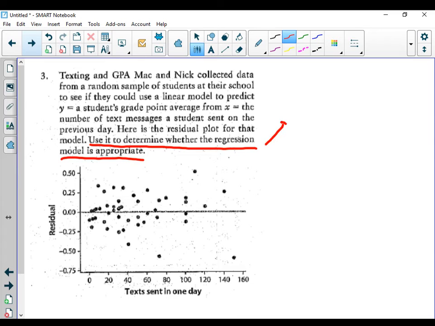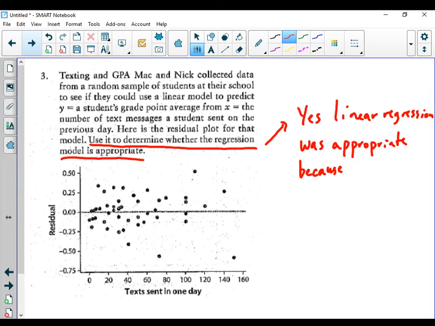So what I would say is, yes, the linear regression was appropriate because there was no pattern to the residual plot.